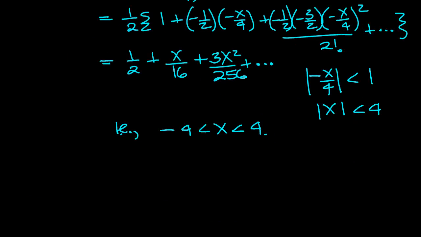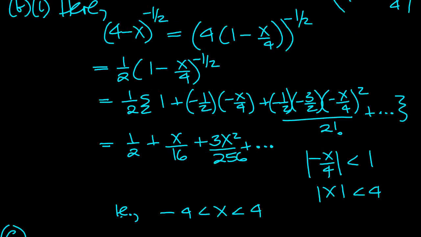Find the binomial expansion of this. Okay, so we've got that. So part C then. Okay, so we've got the square root of, which is power half, which I'll write as power half. What have we got?